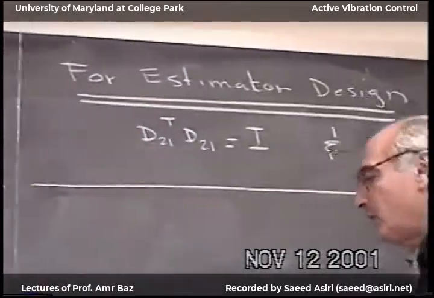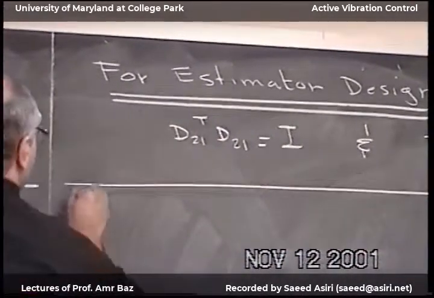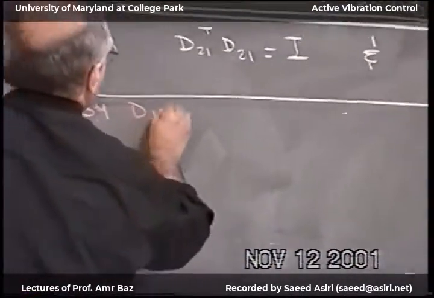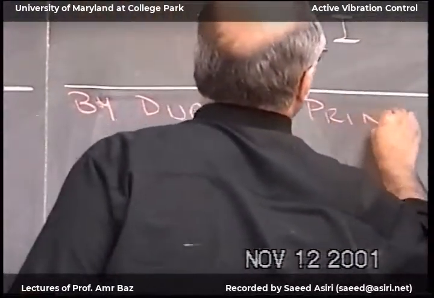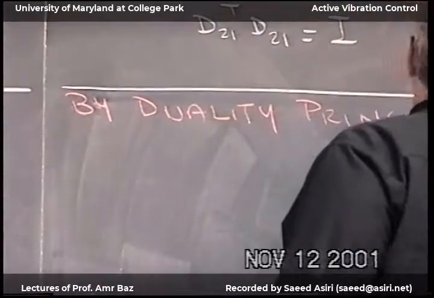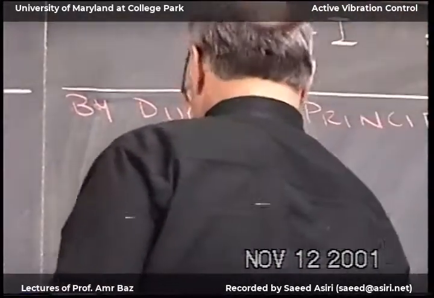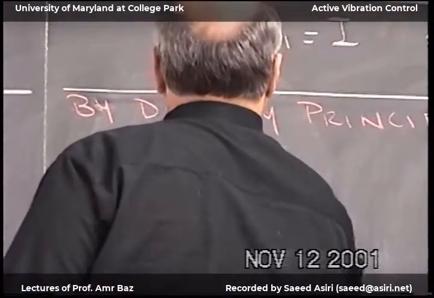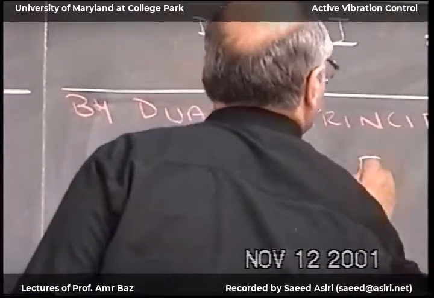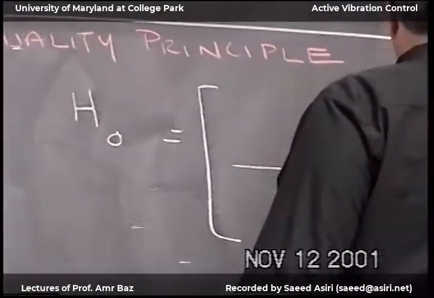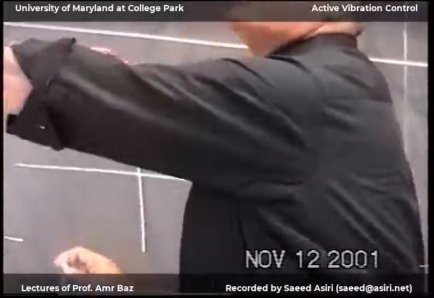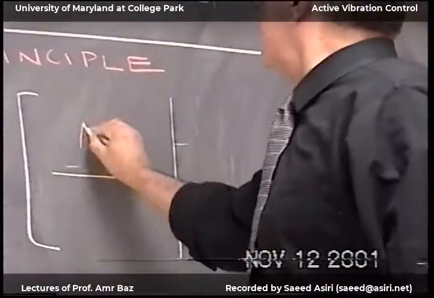And then now we'll have, by the duality, H observer will equal to, instead of the A, I'll put A transpose.